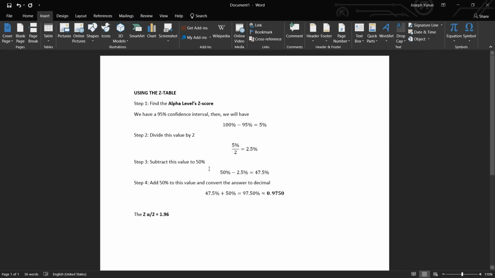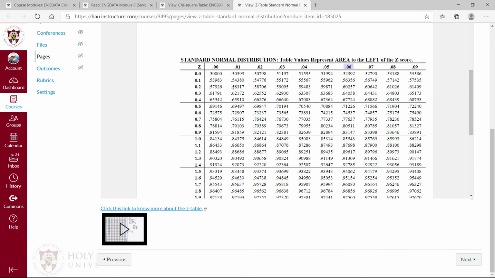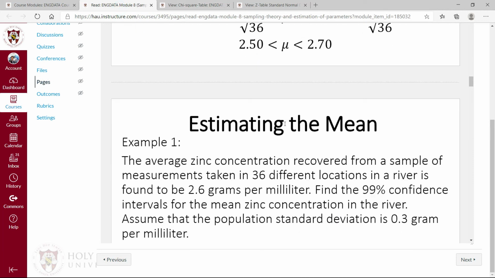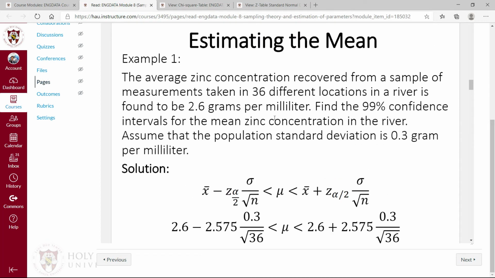Now going back to estimating the mean, let's try this one. Similar problem to example 1, but then you need to find the 99% confidence interval for mean zinc concentration.